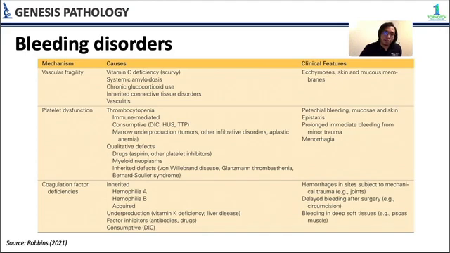Liver disease can also cause your coagulation factor deficiencies. The liver produces all coagulation factors except for your factor 8. Okay? Factor 8. Okay, so factor inhibitors, pwede rin, no? DIC pwede rin. So usually, coagulation factor deficiencies, hemorrhages ang ating presentation, compared sa platelet dysfunction na petechial bleeding.